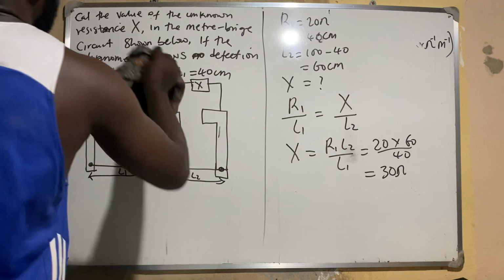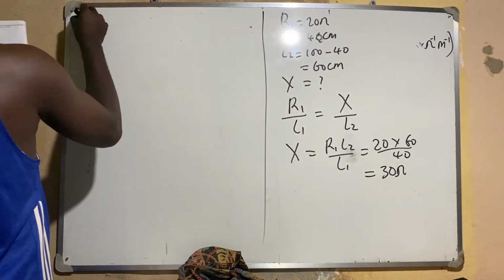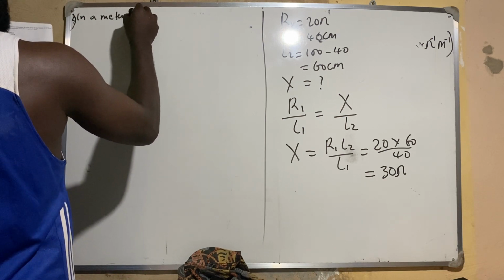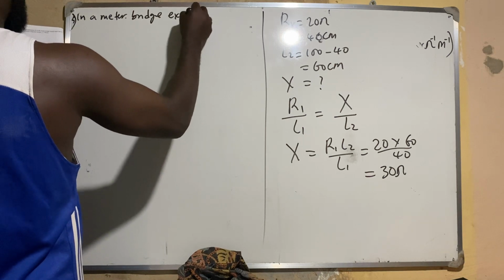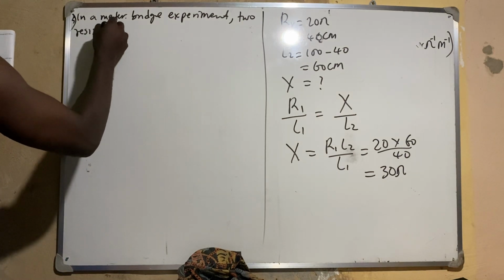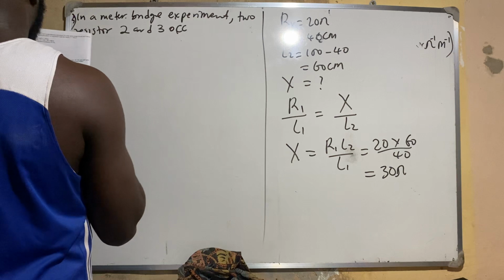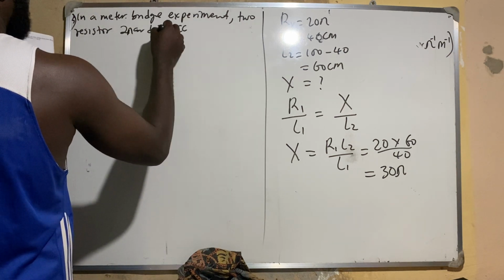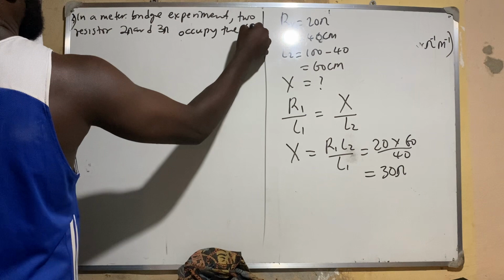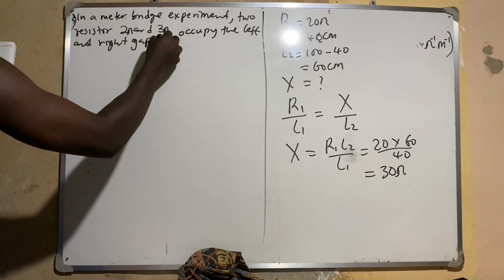So question number 3. Question number 3 said in a meter bridge experiment, they say two resistors, 2 ohms and 3 ohms, occupy the left and the right gaps respectively.